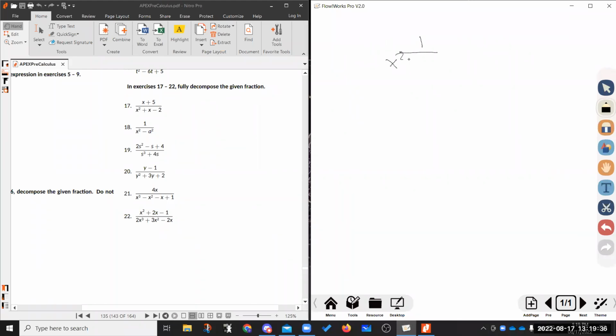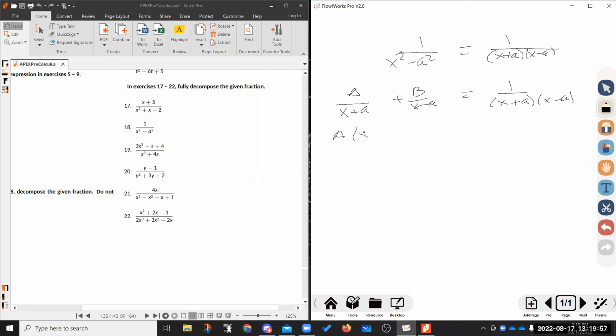Number 18: one over x squared minus a squared is equal to 1 over x plus a times x minus a. That gives me a over x plus a plus b over x minus a is equal to 1 over x plus a times x minus a.